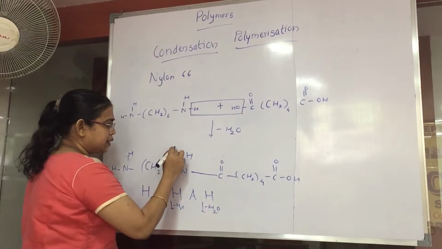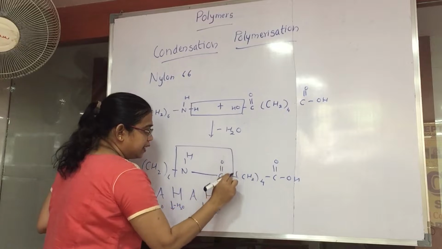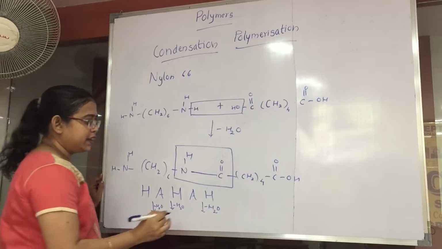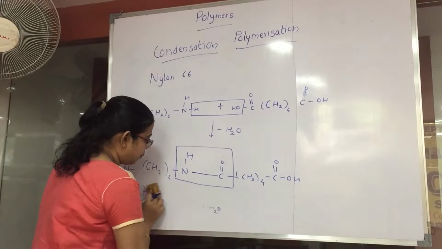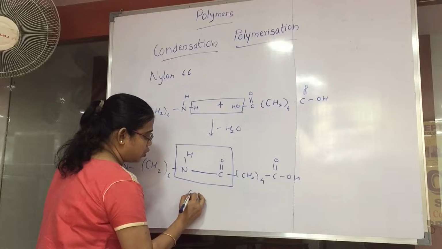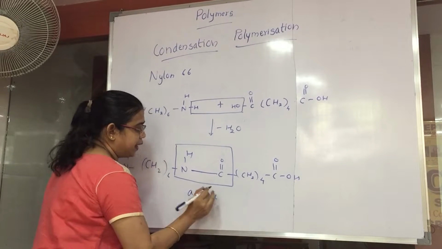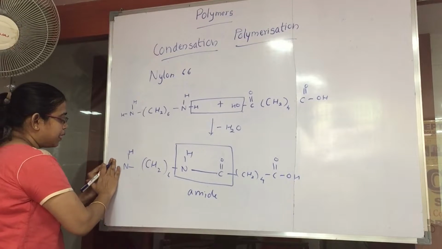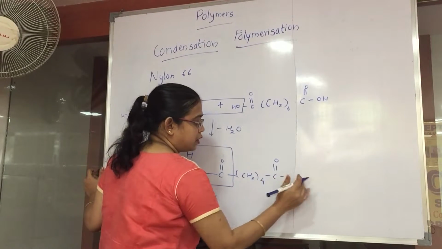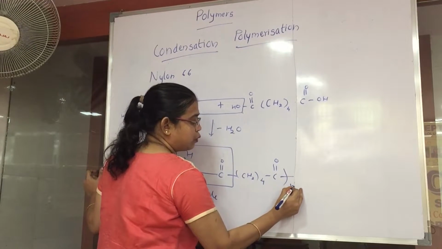In this we'll notice one thing, that we have a linkage which is a CONH linkage. This CONH linkage is called an amide linkage. And since we'll have one more amide linkage here by removing water, we'll have amide linkage over here also by removing water.